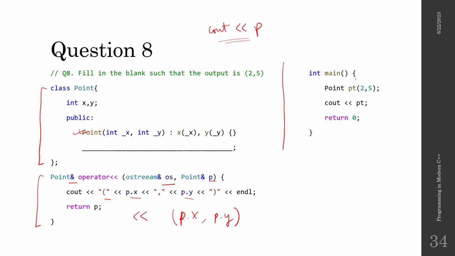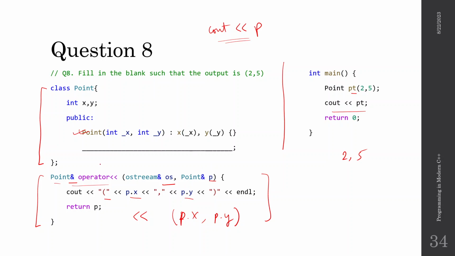Next we have the main function. In the main function we declare an object called pt with the arguments 2 comma 5, and then we call cout pt. We wanted to print 2 comma 5, which means we simply wanted to run this function. For that, we have to put its function signature inside the class.